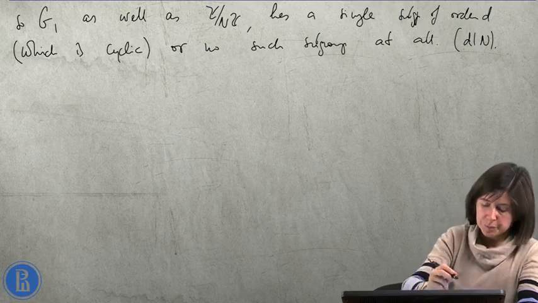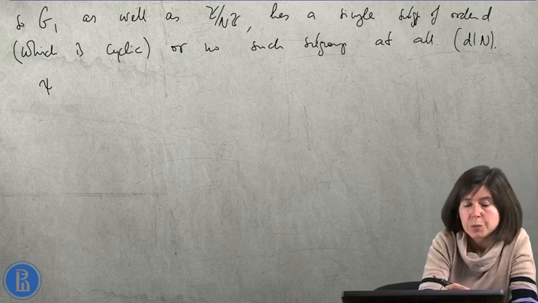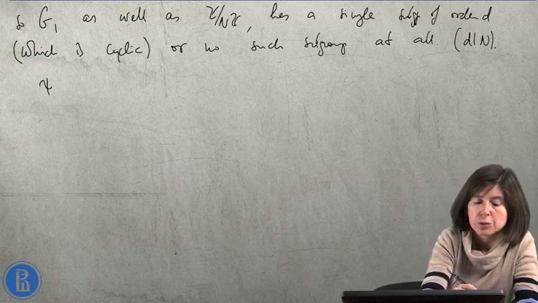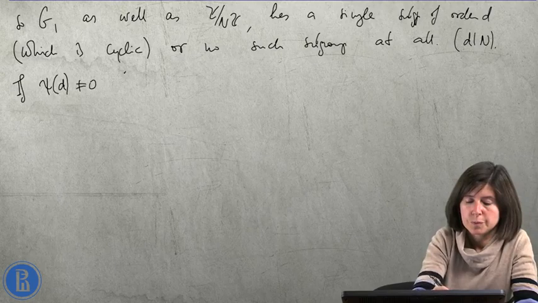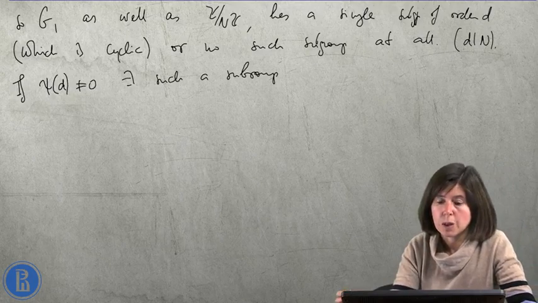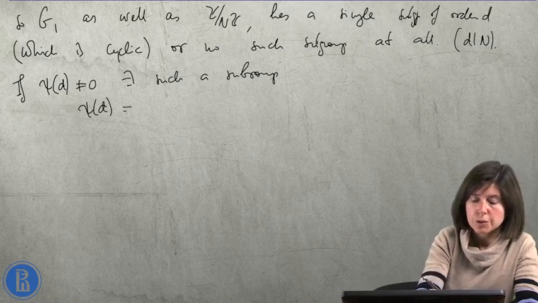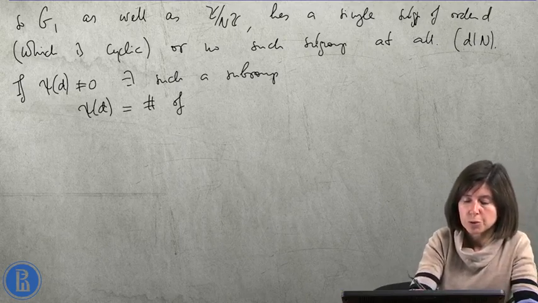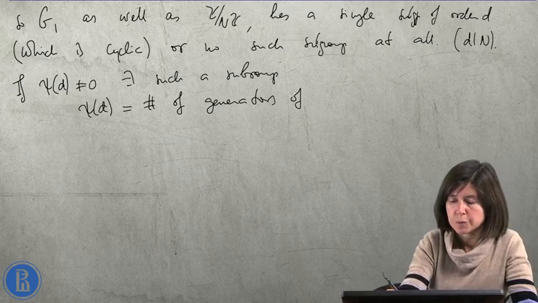Okay. So this in fact implies the claim: if psi of d is non-zero, then there is such a subgroup, and the number of elements of order d, psi of d, is the number of generators of that subgroup.